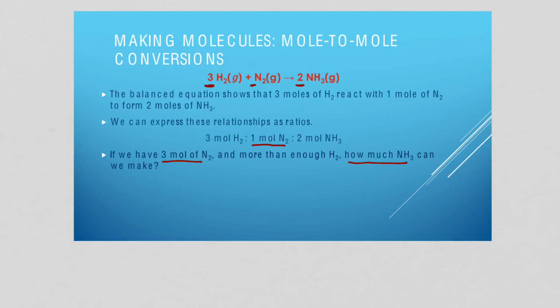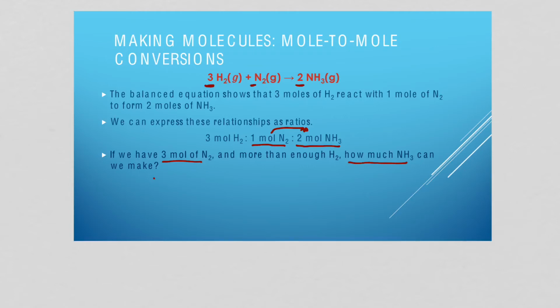So the 2 materials that we're concerned with in this reaction are, if I start with a known amount of N2, how much NH3? Those are the only 2 things that I need to concern myself with. I start with N2, I want to get to NH3. So how do I do that?